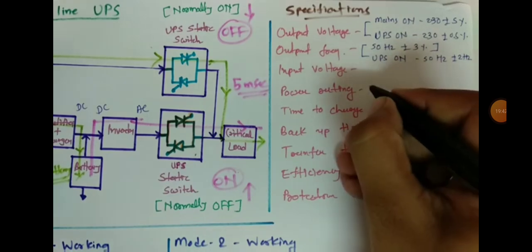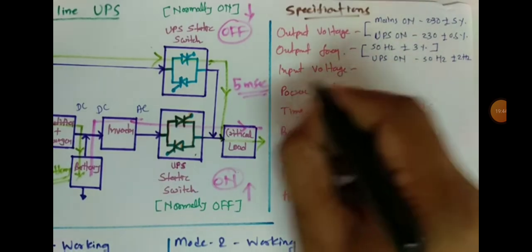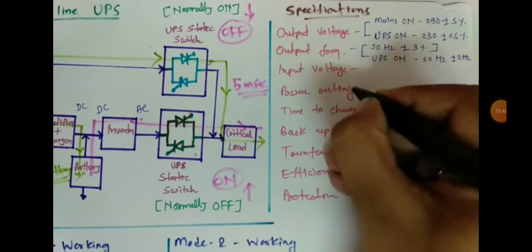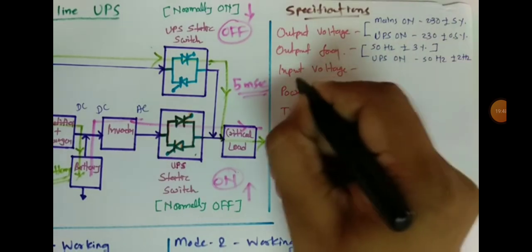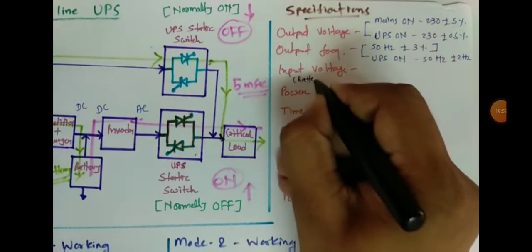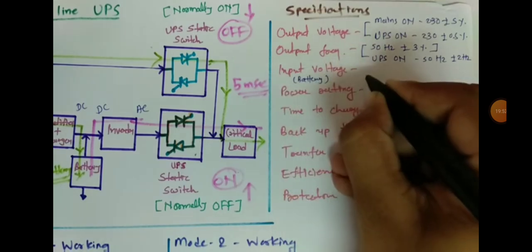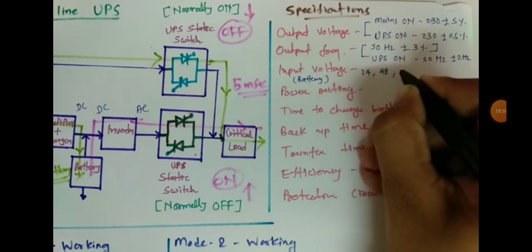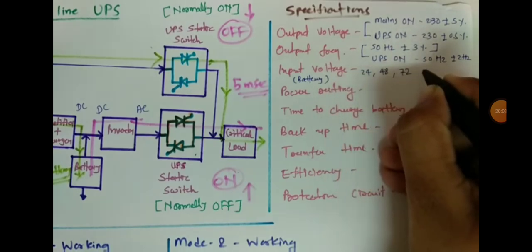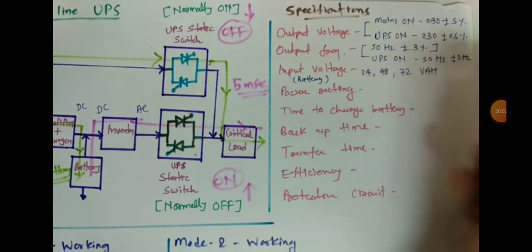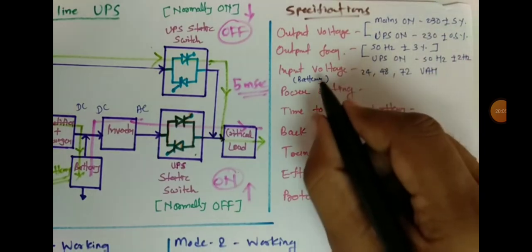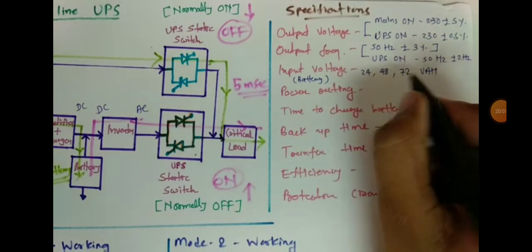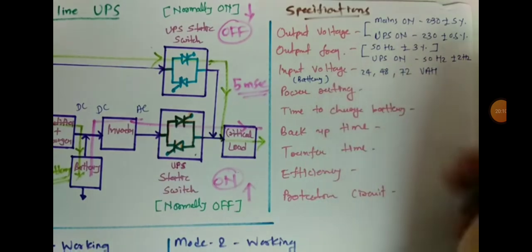Power rating, before that input voltage. So the input voltage of the battery has a rating of 24, 48 and 72 volt ampere hour. That is how the battery is getting charged, and that is the rating which is available.